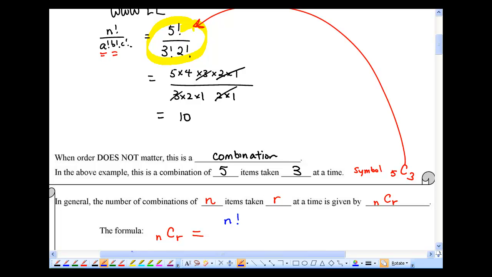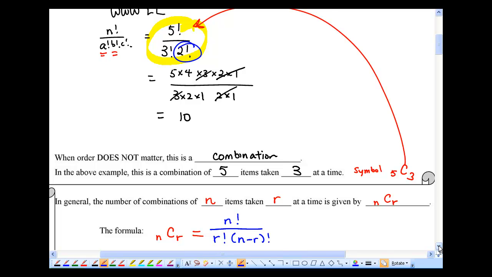Now we have a 3 factorial on the bottom, which is our r things taken at a time, so r factorial. Well, the question now is, what's this 2 factorial? How do we get that? By using the numbers 5 and 3. And if you said, hey, 2 is just 5 minus 3, you're correct. So in general terms of n and r, this next factorial must be n minus r.